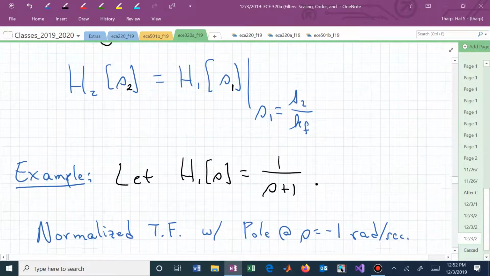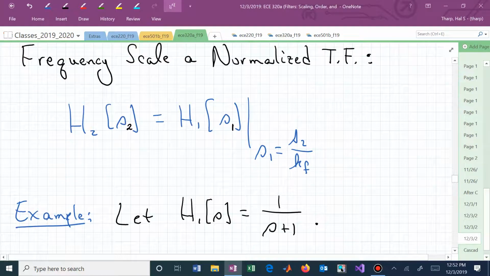So here's an example. Now if in an interview somebody says, oh, give me a transfer function that's low pass and has a bandwidth of 1 radian per second, you now can immediately write down 1 over s plus 1 and say, here's a normalized transfer function.